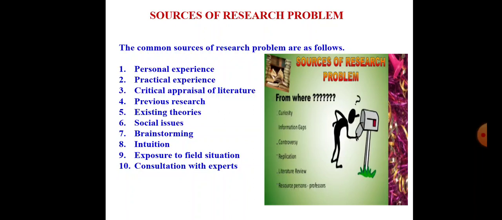Another one is practical experience: a researcher may select a problem from his or her own practical knowledge also. The critical appraisal of the literature: during the literature survey he may come across a critical problem which is very essential in current situations, because it has to be cleared in a critical manner.